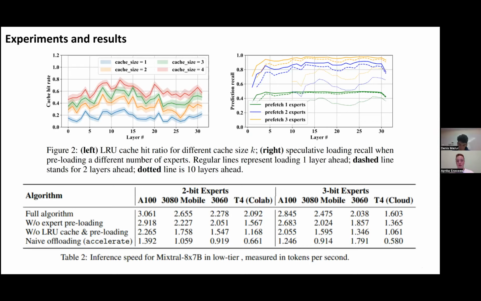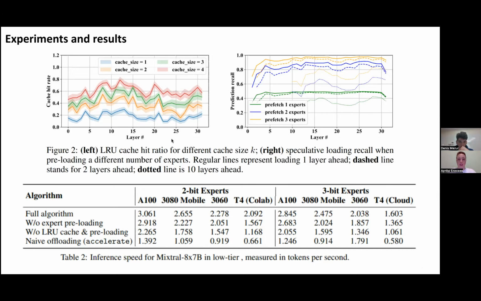First of all, we managed to speed the inference up like 4 times on almost all GPUs presented. In details, simple LRU caching gave us almost 2 times speed up. It's because if you look at the figure at the top left, you can see the cache hit rate per layer.